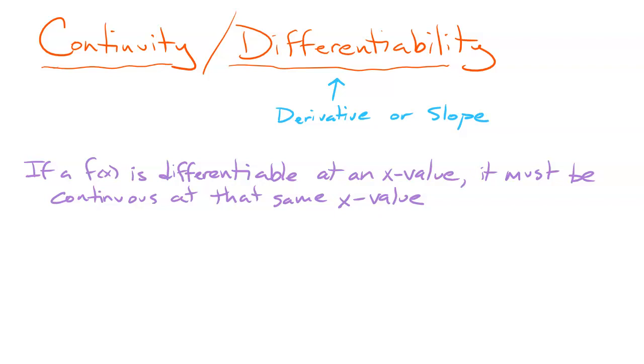If you are looking at a picture, you're going to need to identify any locations where you wouldn't be able to find slope. If you can't find slope at a spot, then it wouldn't be differentiable at that x value. That's differentiability when they use that word. The first thing you're going to do is look to see if there are any spots where your function is not continuous.